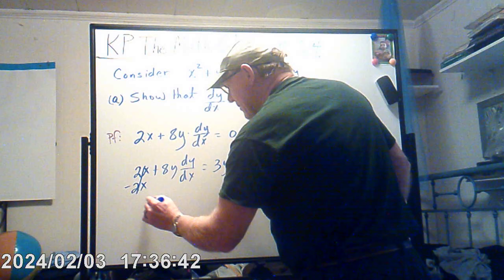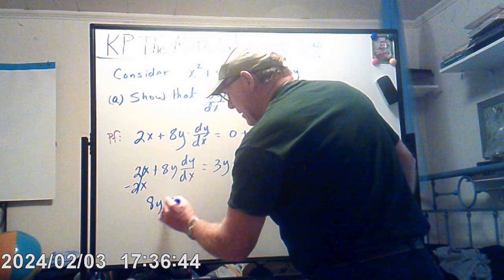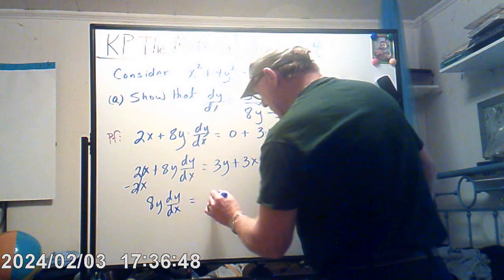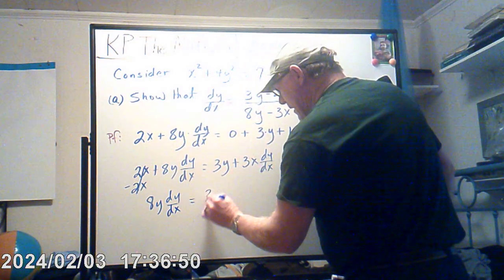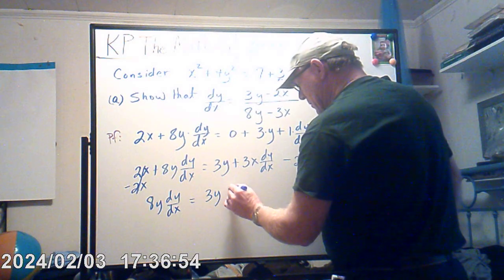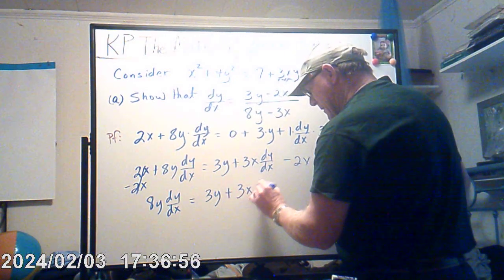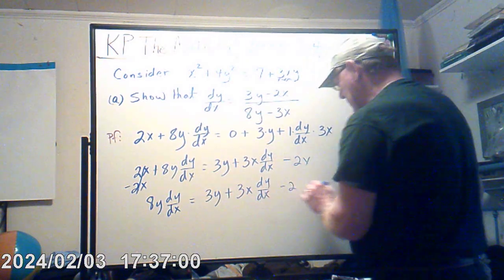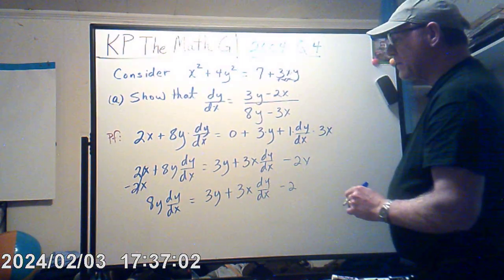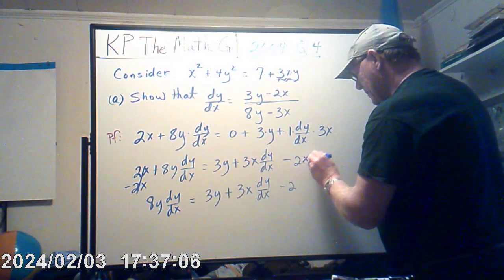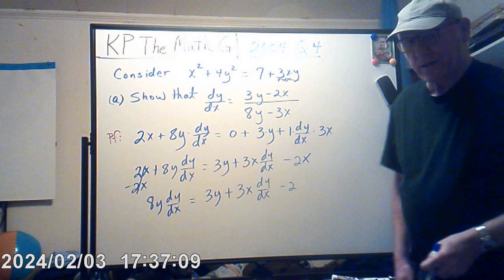This is gone, so now we've got 8y dy over dx equals 3y plus 3x dy over dx minus 2x. Yes. I want my x looking like a y at this stage in the game.